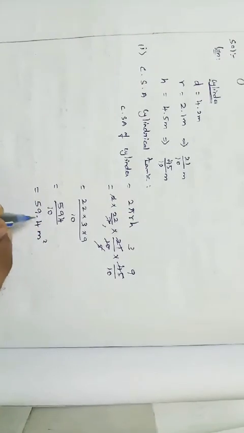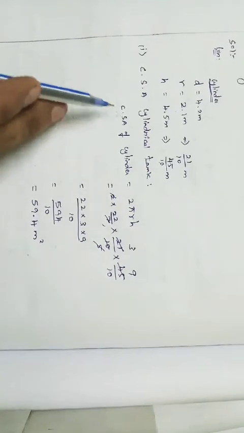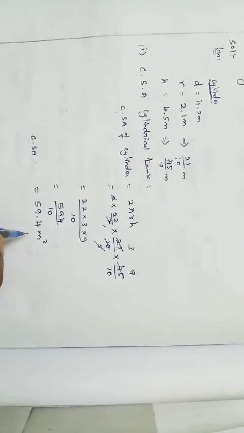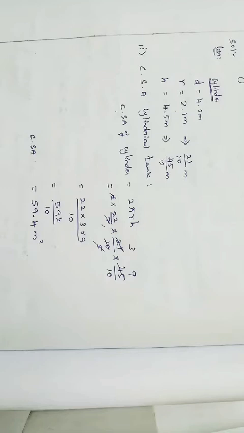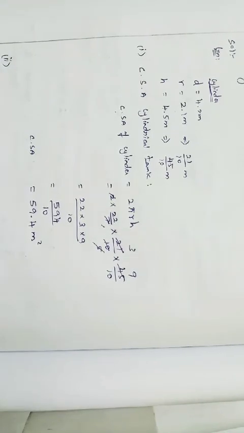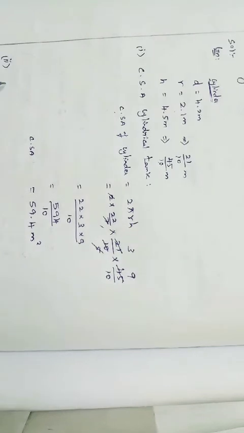One digit before, I am just putting a point. Therefore the CSA of the cylindrical tank is equal to 59.4 meter square.